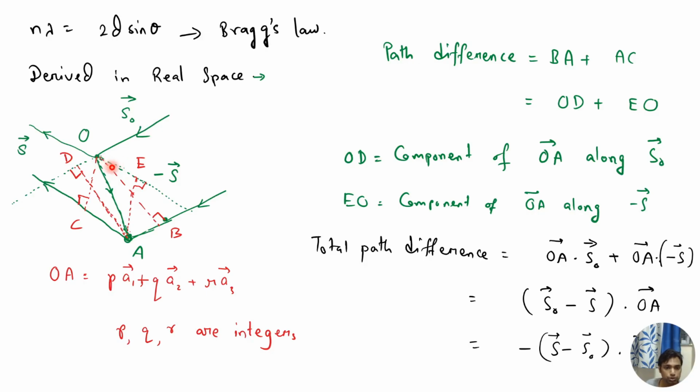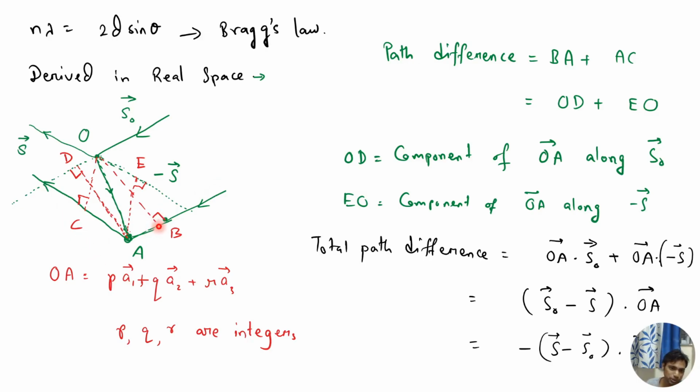We are taking a perpendicular projection, and AB is the extra path. If you draw a perpendicular line here to this beam, whatever the extra path you get is AC. So BA and AC is the extra path that the second beam is traveling.